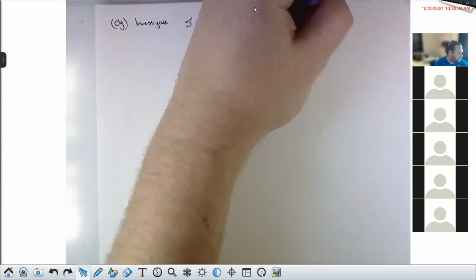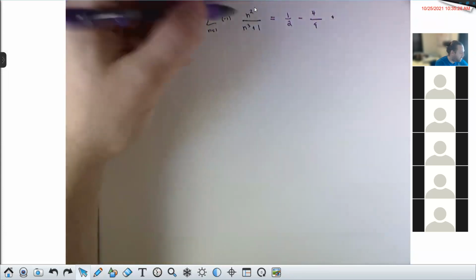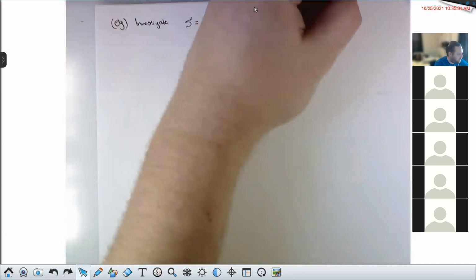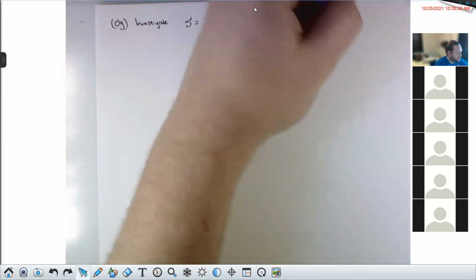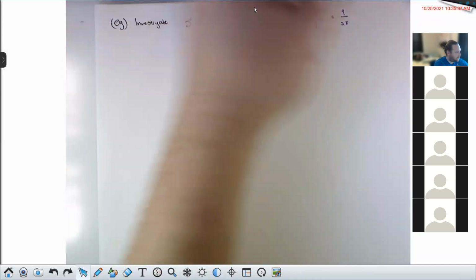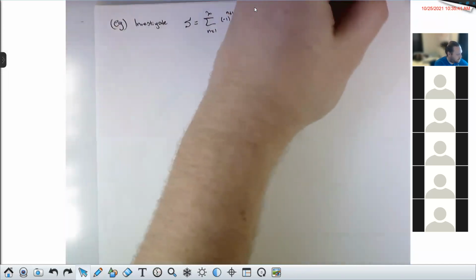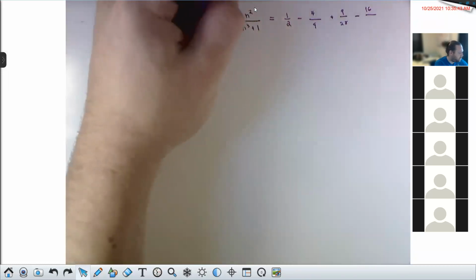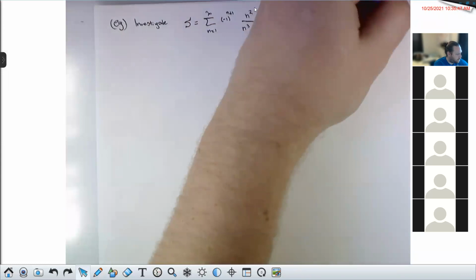And then the next term would have a negative 1 to the 4. This is the n equals 3 term. So that's 3 squared, which is 9, over 3 cubed plus 1. 3 cubed is 27, so that's 28. And then the next term would be minus 4 squared is 16, over 4 cubed is 64 plus 1 is 65. And it goes on like this.